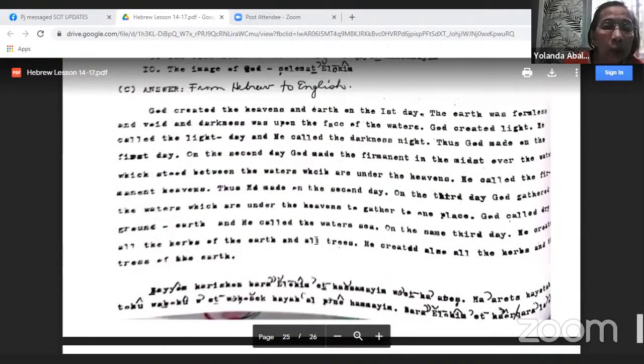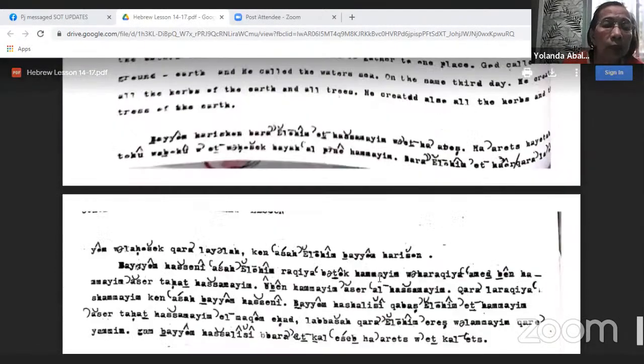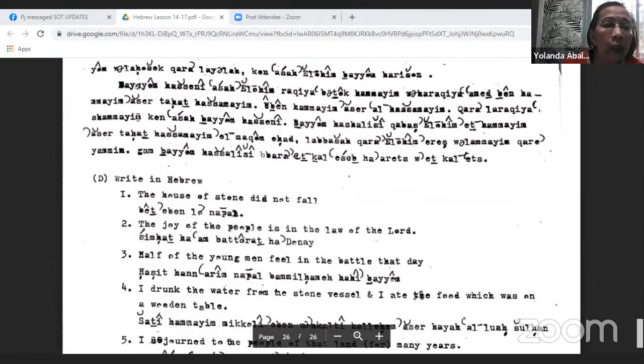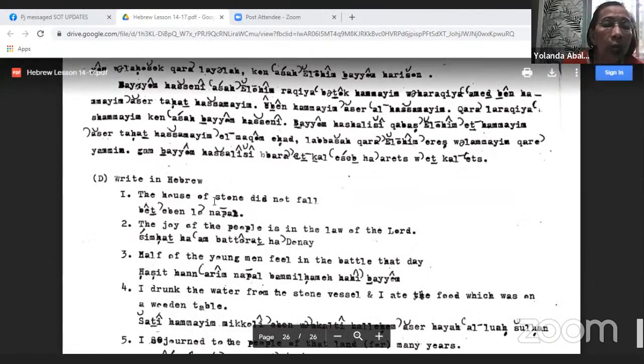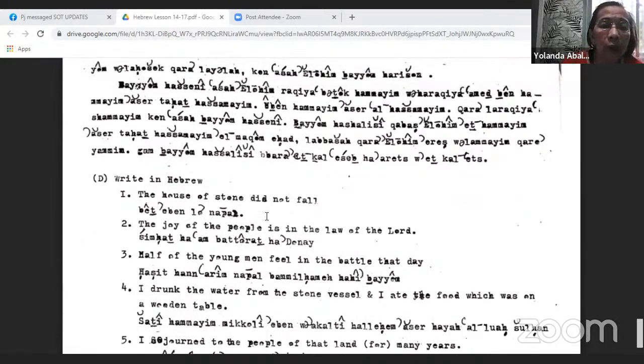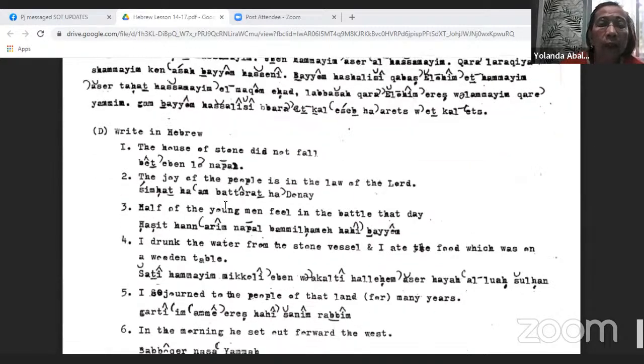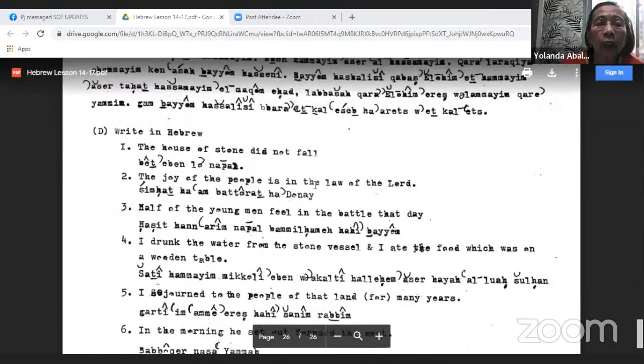ito yon yung English noong binabasa natin kanina sa Hebrew. Yeah. We have the house of stone did not fall, but even lo nafal. The joy of the people is in the law of the Lord.